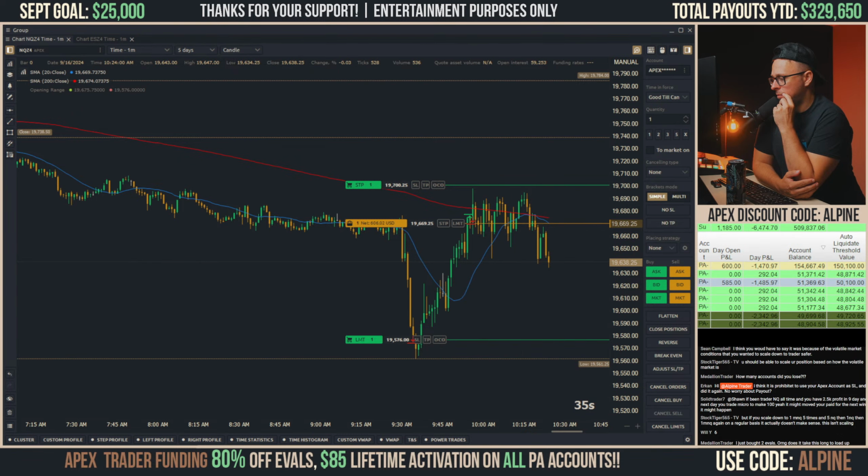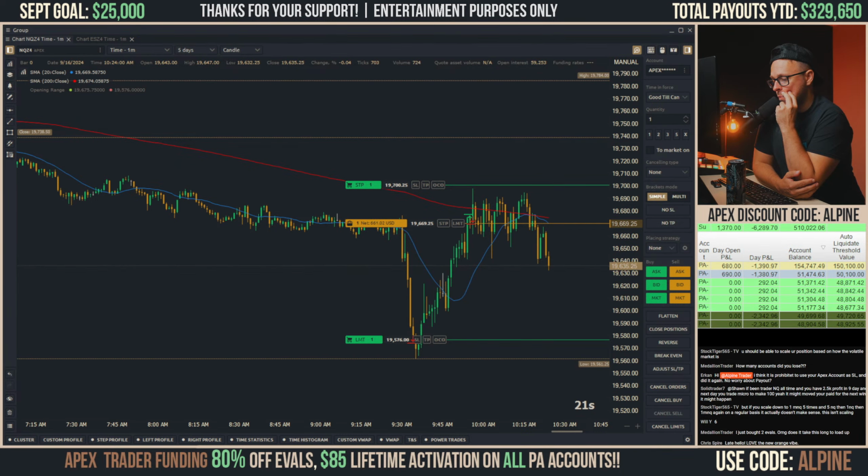I think it is prohibited to use your Apex account as stop loss. I have a stop loss, it's the top of the range. I got back in though. I didn't lose the accounts on the first stop out. It's only prohibited to go for like 5 ticks and use a stop loss as an account.